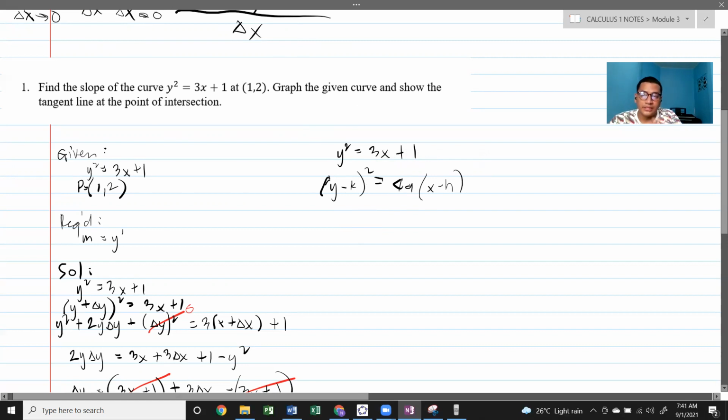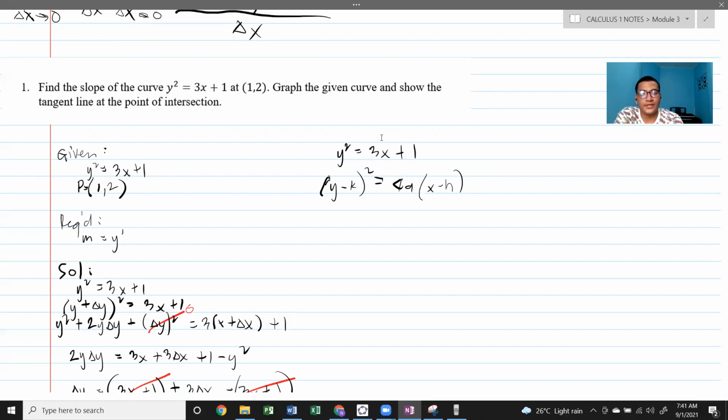So let me give you a short review. Our h, k is the vertex of the parabola. Our 4a is the latus rectum.